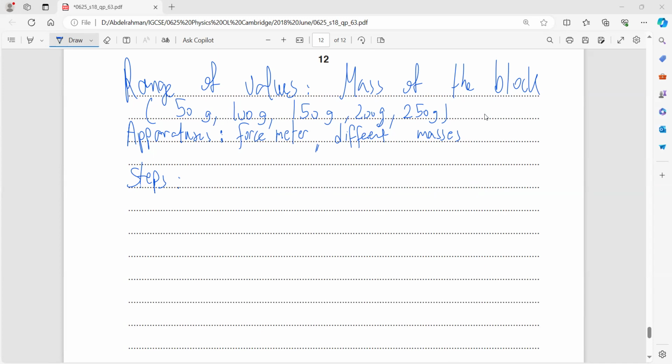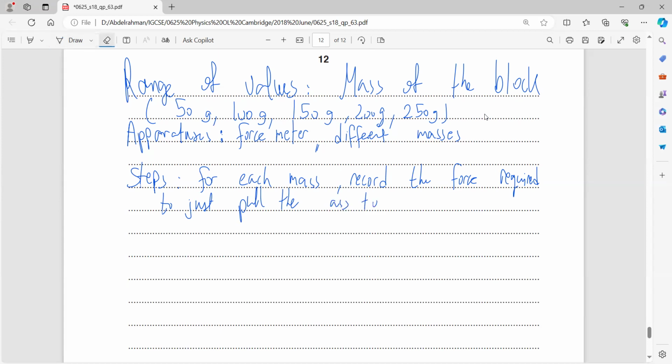Okay, so for each mass, we will measure the force required to just pull the block to the right. For each mass, record the force required to just pull the block to the right.